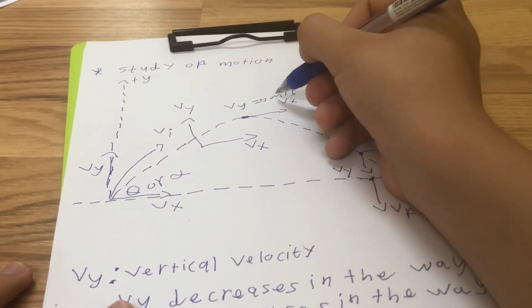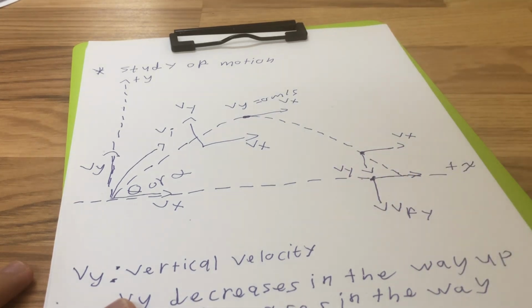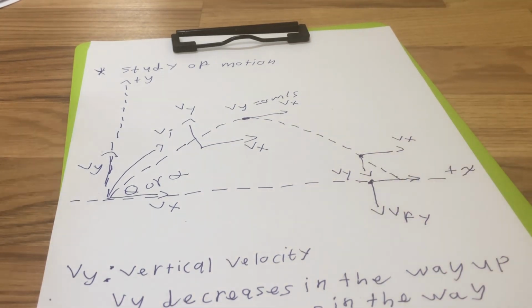In projectile motion, at the top, Vy is always 0 meters per second. Vi is the same as Viy, and Vx is the same as Vix. So Vix is a variable, we don't know it.